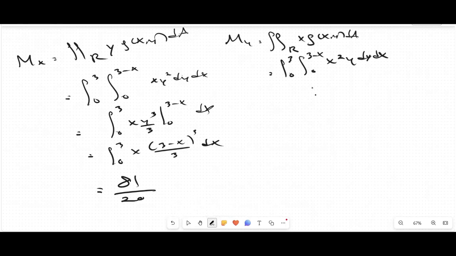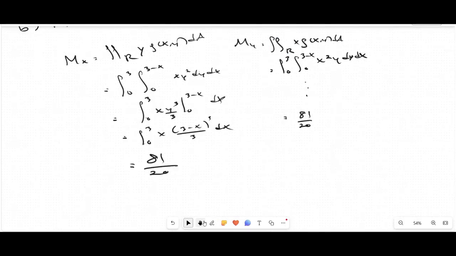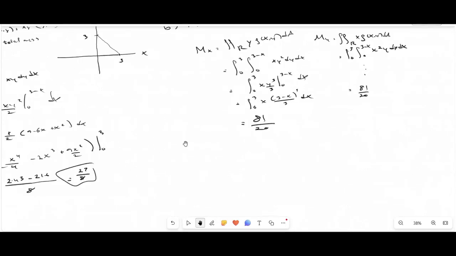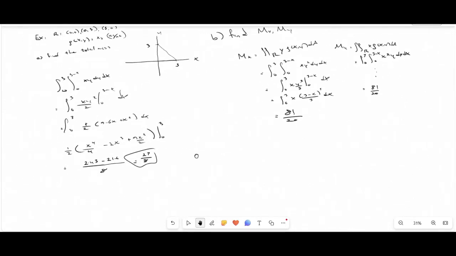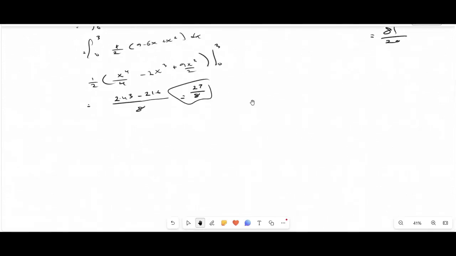And then this is symmetric. So whatever answer we got here, we have to get on this side as well. 81 over 20. Okay, that's A and B.